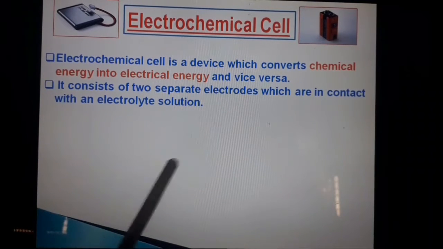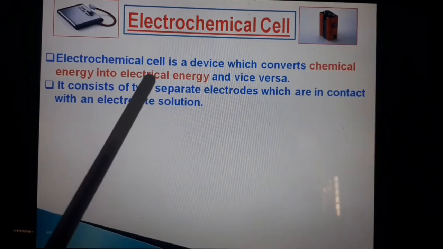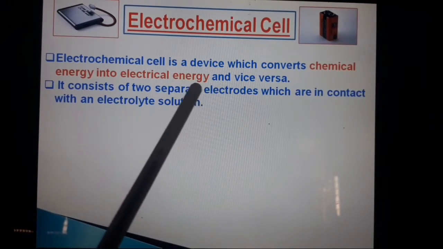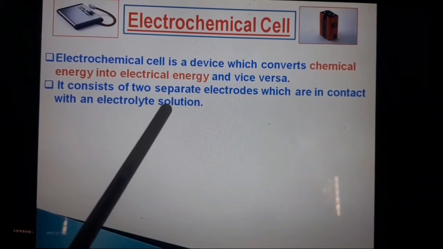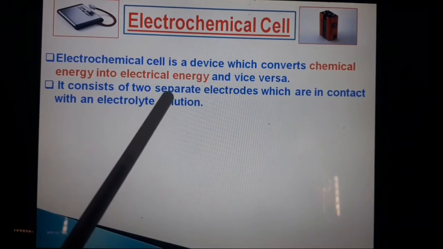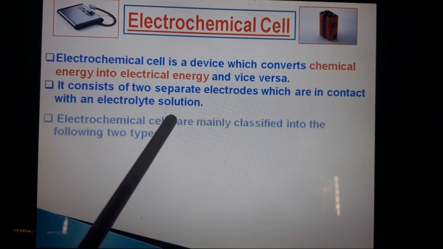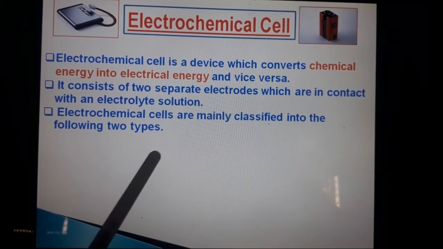It consists of two separate electrodes which are in contact with an electrolyte solution. In this cell, there are two electrodes, a positive electrode and a negative electrode, contacted through an electrolytic solution. Electrochemical cells are mainly classified into two types.